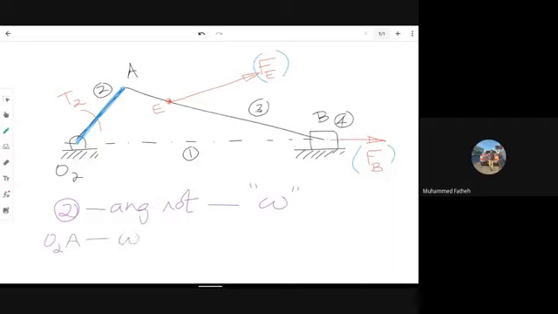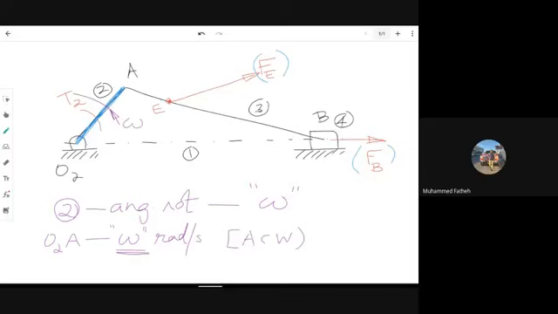Now consider the angular velocity for link O2A as omega radians per second. Since the value is not given in the question, we are assuming it to be simply omega. Now the angular velocity will definitely have a direction. For the time being, I am assuming it to be in the anti-clockwise direction. That means I am assuming omega to be in this direction.